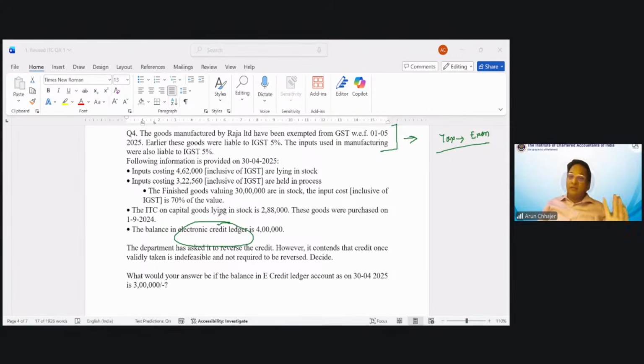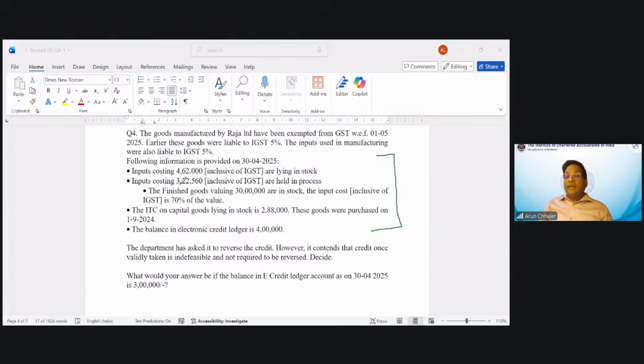If it is input and input service, I will reverse the ITC lying in that stock. But in the case of capital goods, the concept of monthly reversal will come into the picture, which we will discuss. So what do I need to do in this question? We need to calculate the reversal of ITC only.